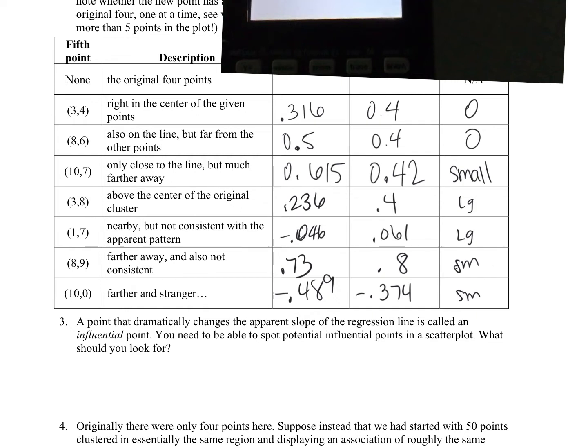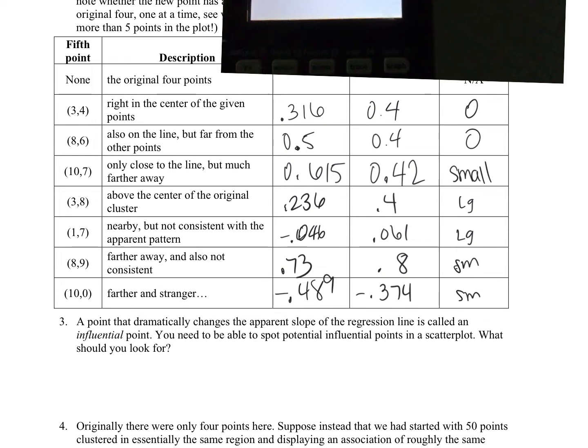What we should have seen is we had some points with small and large residuals here, but not all of them had a large residual that ended up being influential, right? The point 10, 7 changed my correlation and my slope, and it had a small residual. It was almost still on the line because it's pulling that regression line towards it.